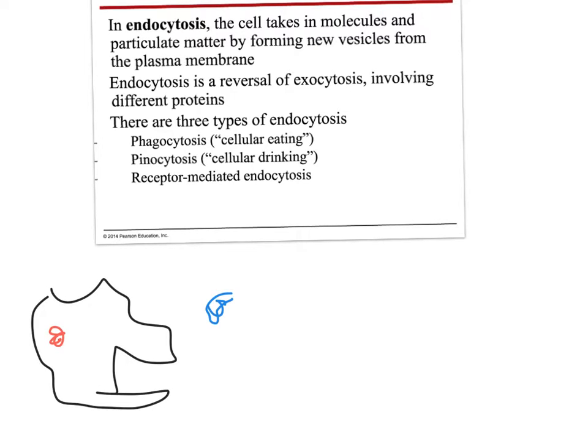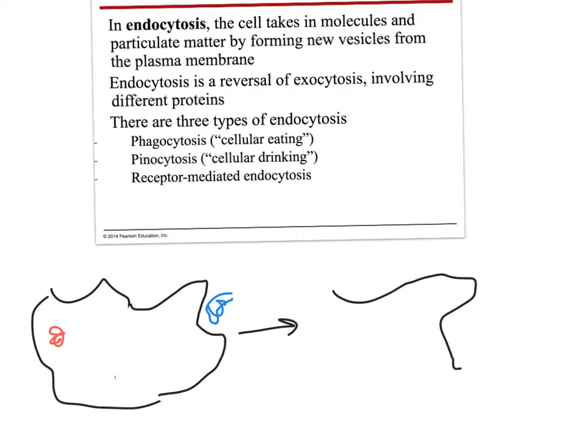What's going to end up happening is that this amoeba is actually going to engulf the cell. It's going to grow out and around, eventually forming a food vacuole inside.